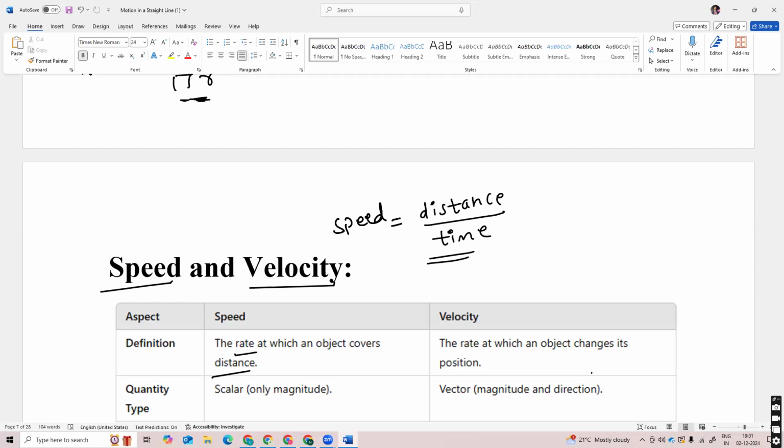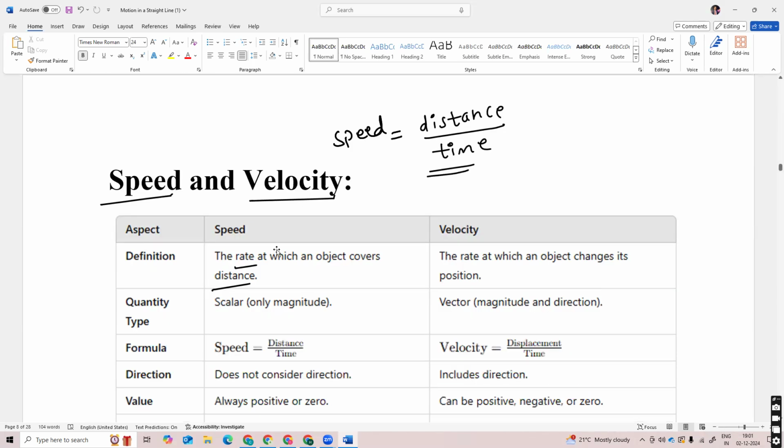So you can simply write the formula of speed as distance upon time, and speed is a scalar quantity, therefore it has only magnitude and no direction. We generally say a vehicle is moving at a speed of 10 meter per second or 20 kilometer per hour. This is how we define speed, only with the magnitude.